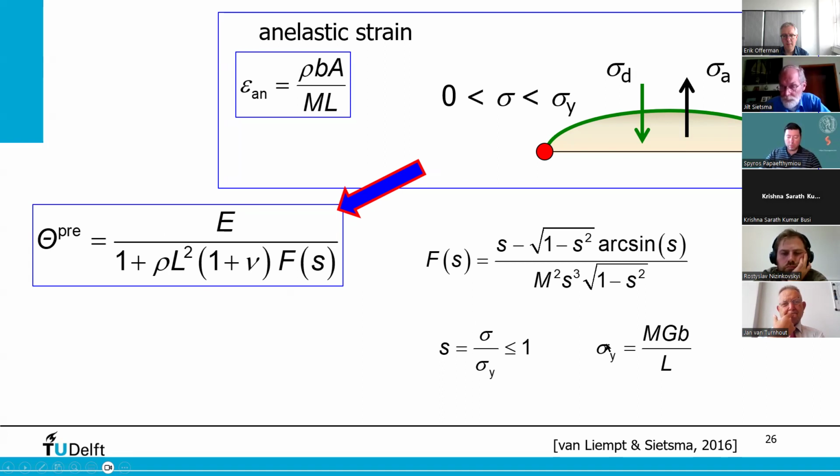And sigma yield, that's the dislocation theory, as I mentioned before, is GB over L. So if you plug in this f in this equation, you get a larger equation, but in the end, it contains two fitting parameters, the dislocation density and the segment length. And that's, of course, something like an average or effective segment length, because there will be a range of lengths.